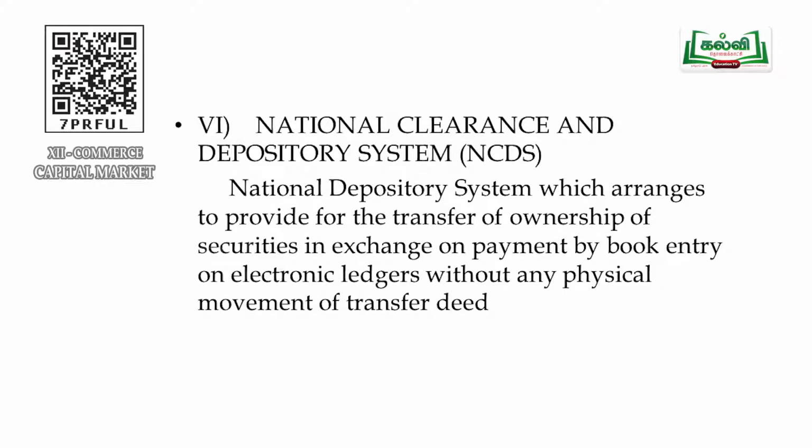Then National Clearance and Depository System, simply called NCDS. Under the scripless trading system, settlement of transactions relating to securities takes place through a book entry. The entire scripless trading system comprises the following three segments. First one is National Trade Comparison and Reporting System, which prescribes the terms and conditions of contract for the securities market.